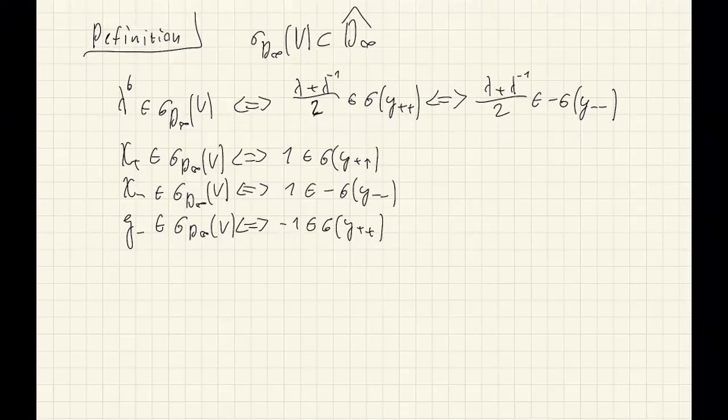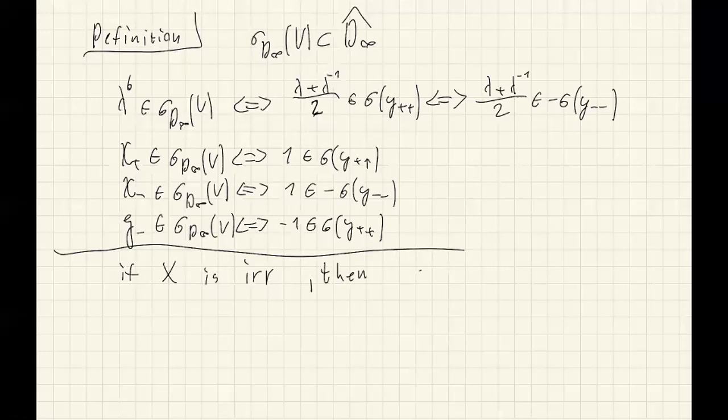The signs are chosen in such a way that for the spectrum of irreducible representations, if X is irreducible, not depending on whether it is two-dimensional or one-dimensional, then the spectrum of X equals the class of X, or simply X, but it's better to write the class of isomorphism of X.